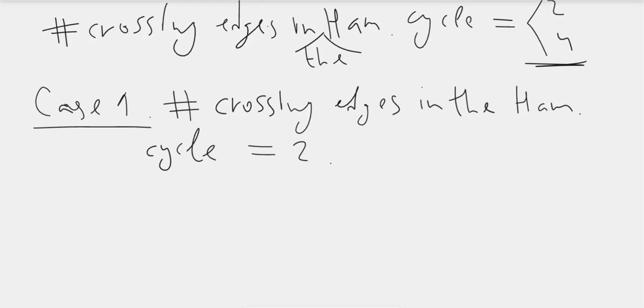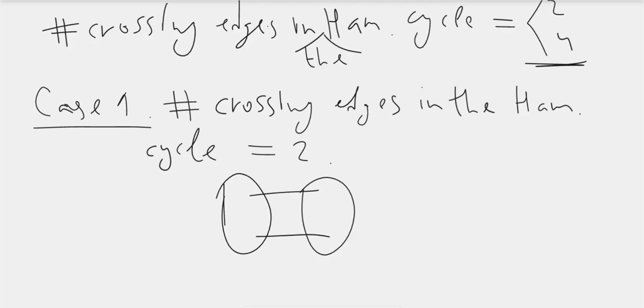In this case, again, this is external, internal vertices, so there are only 2 crossing edges. This means that all the vertices here must be visited by a single path connecting these 2 vertices, right? So this should be a path that visits all external vertices, and this should be a path that visits all internal vertices.